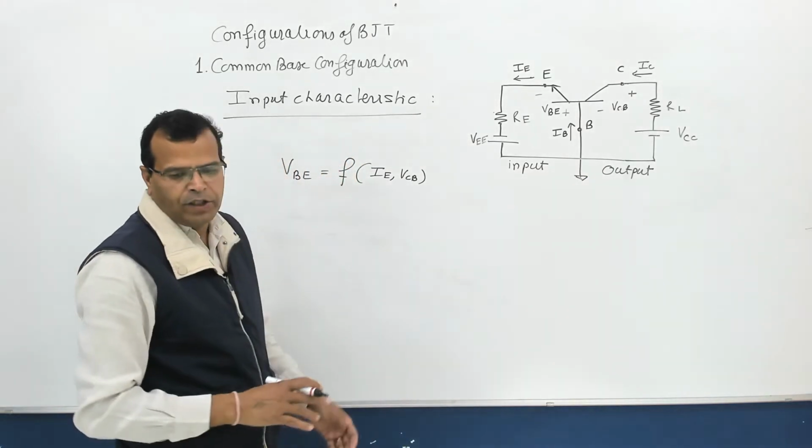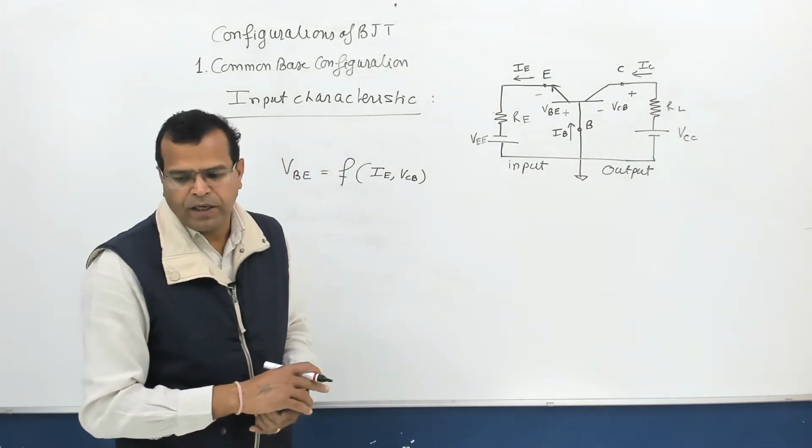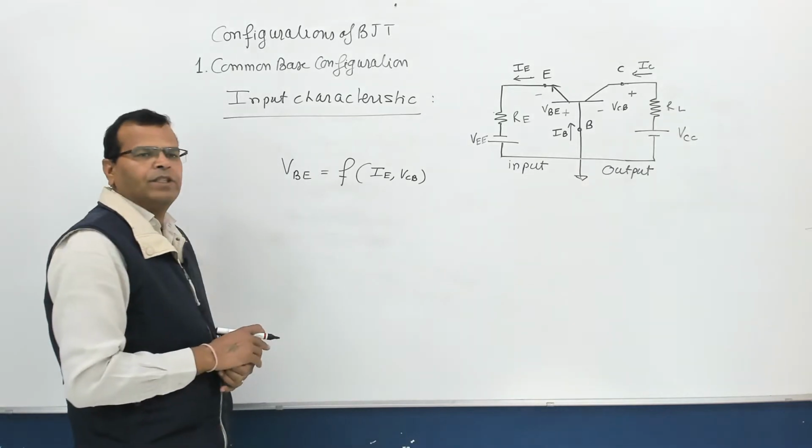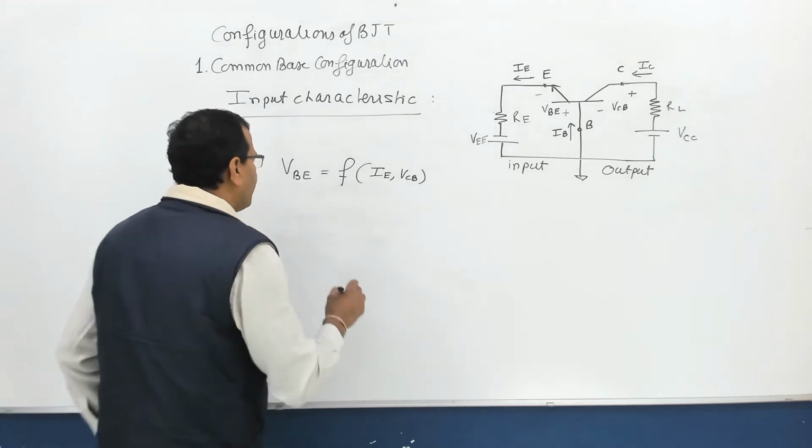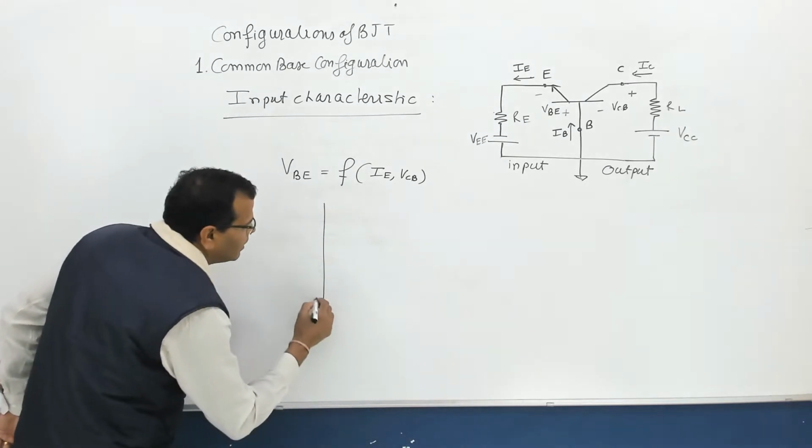This is the function which defines the input characteristic of BJT. If you draw the characteristic here, it is like this.